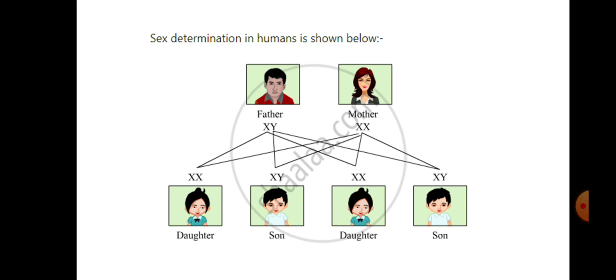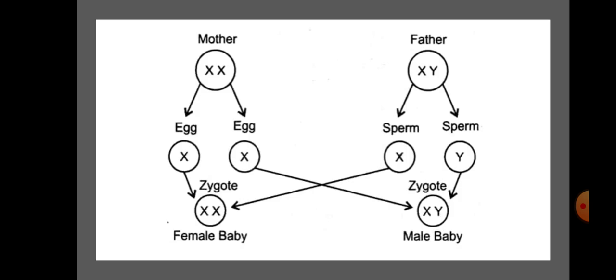So, if the sperm that contains a Y chromosome fertilizes the egg which contains the X chromosome, the zygote develops into a male.